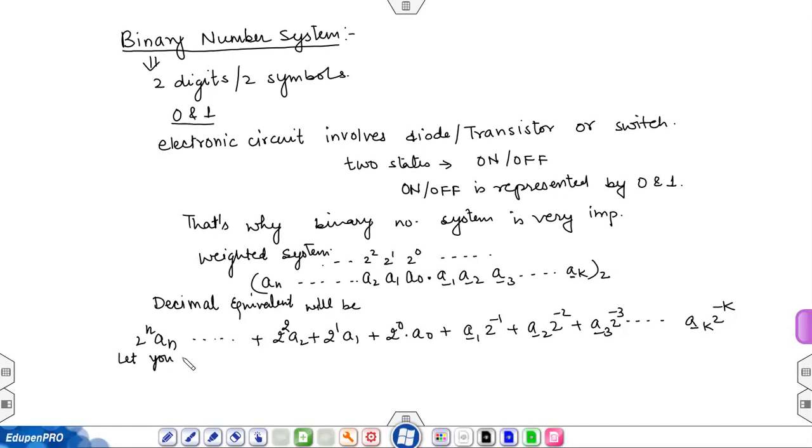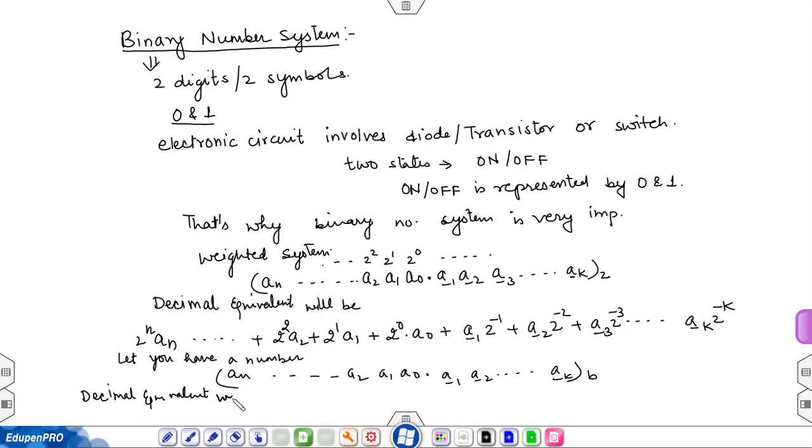Let you have a number written like this: A0, A1, A2, AN, decimal point, A minus 1, A minus 2, A minus k, in base B. Then the decimal equivalent will be A0 b to the power 0 plus A1 b to the power 1 plus A2 b to the power 2 plus and so on, AN b to the power n plus A minus 1 b to the power minus 1 plus A minus 2 b to the power minus 2 plus and so on, A minus k b to the power minus k.